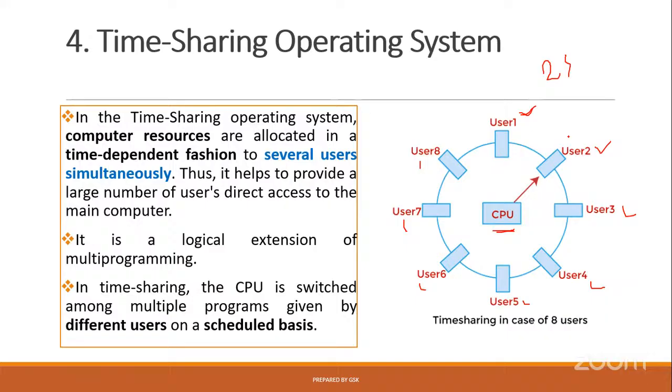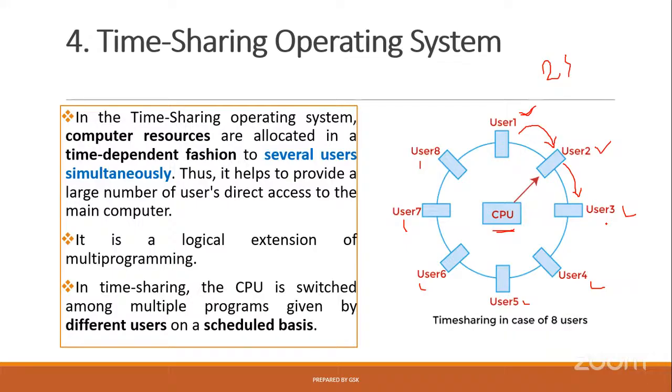Even though the program is not completed, the CPU switches from user 1's task to user 2's task. And for the next 2 seconds, user 2's job will be executed. That may or may not complete the whole task. And the next 2 seconds will be given to user 3's job. Like that, every 2 seconds will be given to different users.